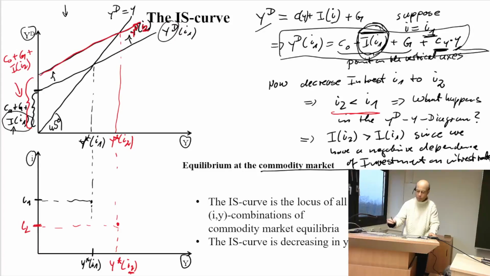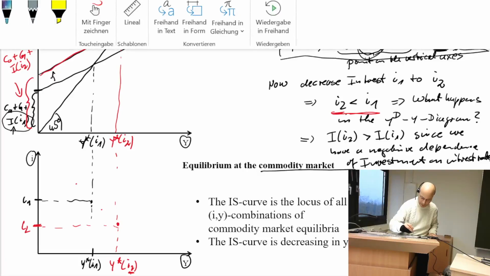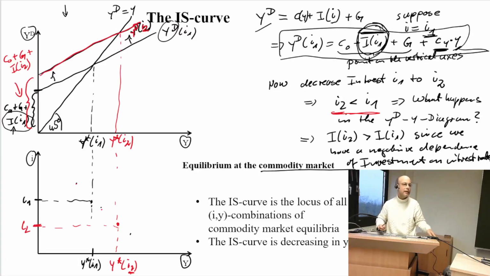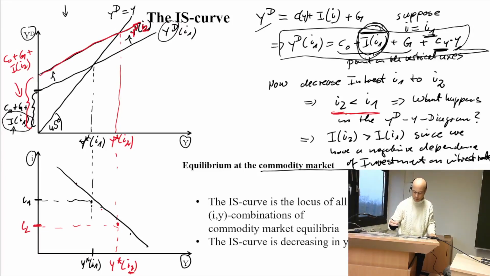And if we make these for all possible interest rates, so another I3 even smaller than I2 or an I0 larger than I1, then we obtain here always also other equilibrium incomes depending on these other interest rates, and altogether we obtain this falling curve, which is the locus of all combinations of equilibrium income and interest rates in the commodity market. And this we call then the IS curve.